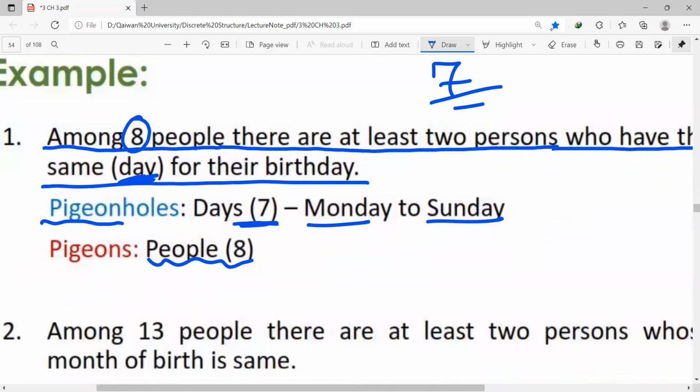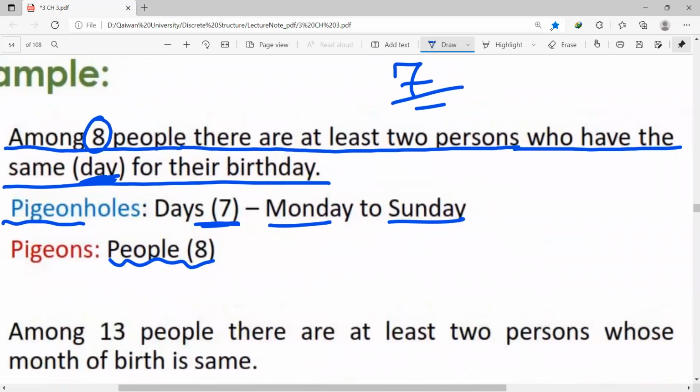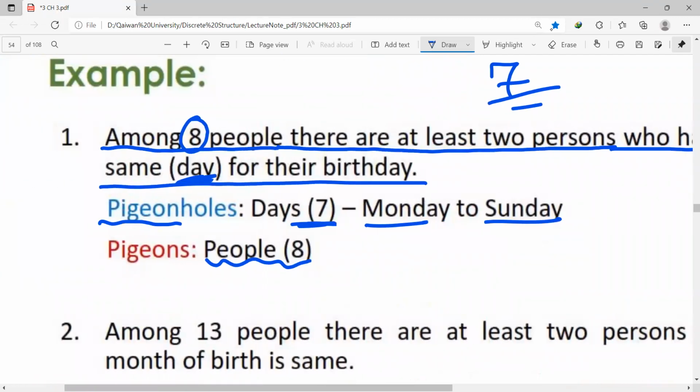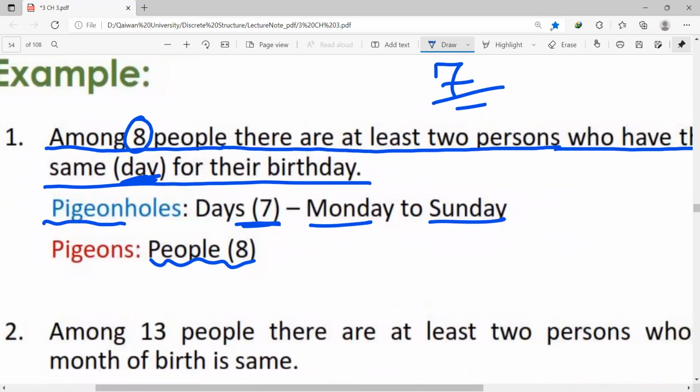Here we have another example. It says among 13 people, there are at least 2 persons whose months of birth are the same. We have 13 people and 12 months. So how many months do we have? 12. So which one is pigeonhole and which one is pigeon? The greater one is pigeon and the least one is pigeonhole.